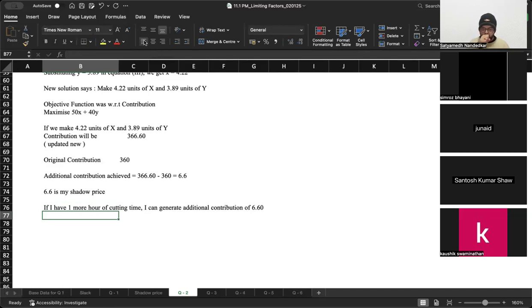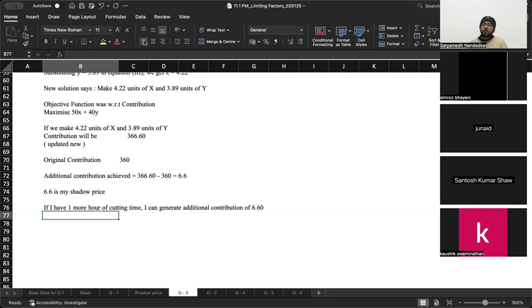Now, please understand how this is used. If I know that my shadow price is 6.60, which means when I have one more unit of the critical resource, that is cutting time, I can make additional contribution of 6.6.